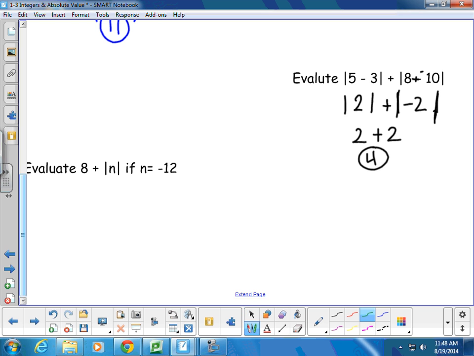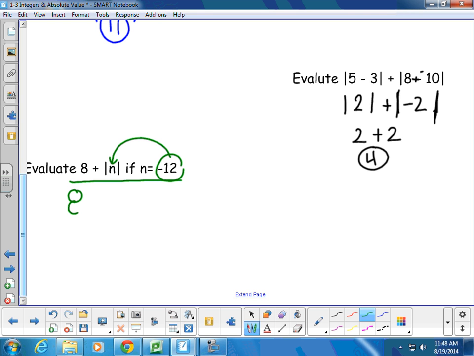Lastly, we're going to combine what we did the other day with evaluating expressions. And so it says evaluate 8 plus the absolute value of n. That's how you read this. 8 plus the absolute value of n if n is equal to negative 12. So what I do is I take that negative 12 and plug it in right in place of n.